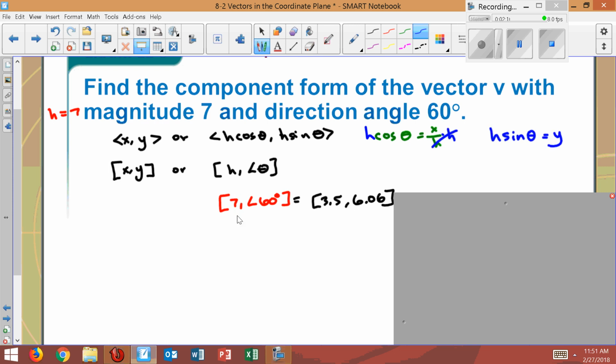So if I went through the algebra here, my h is 7. So h cosine 60, comma, 7, which is the h, sine of 60. Now I'm going to do the algebra technique and see what my answer is. This is a hand trick. 60 degrees, if you're looking at your hand, should be your pointer finger.